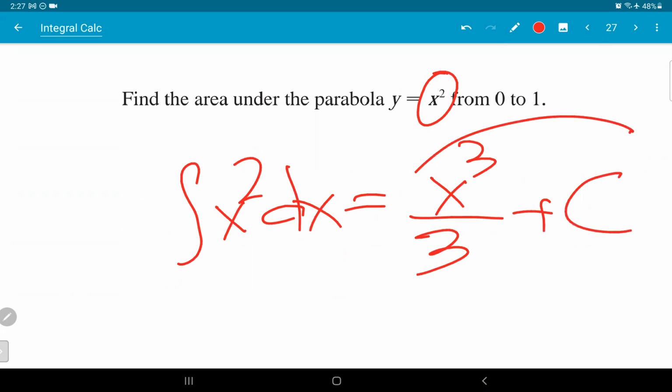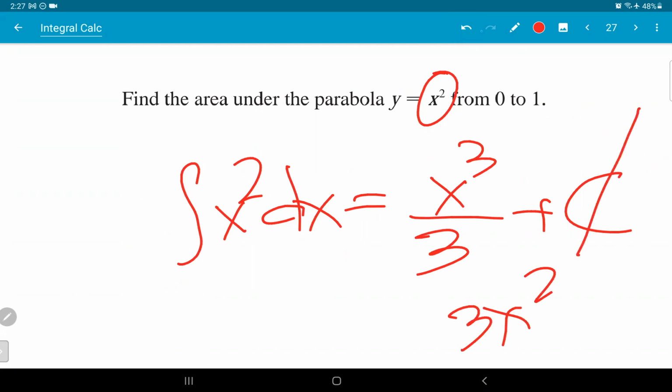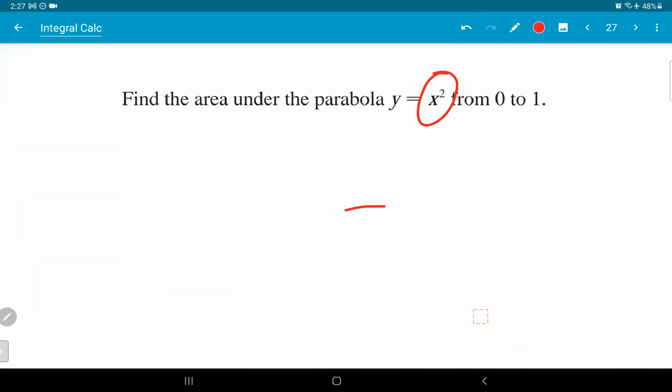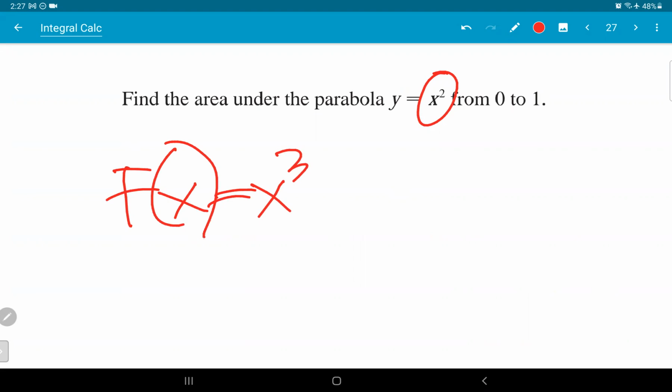If you differentiate this one, it will still be x squared, and the derivative of any constant is 0. It's a family of antiderivatives. So let's just use one without the c. So let me use x cubed over 3. So this is my antiderivative capital F, and we're considering the area from 0 to 1.